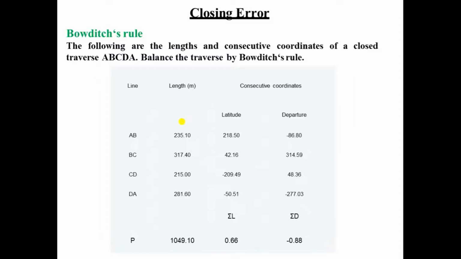For applying the correction, first we have to sum all the latitudes and all the departures, that is the algebraic summation of latitudes and departures. So we get the summation of latitude equal to 0.66 and the summation of departure equal to 0.88.